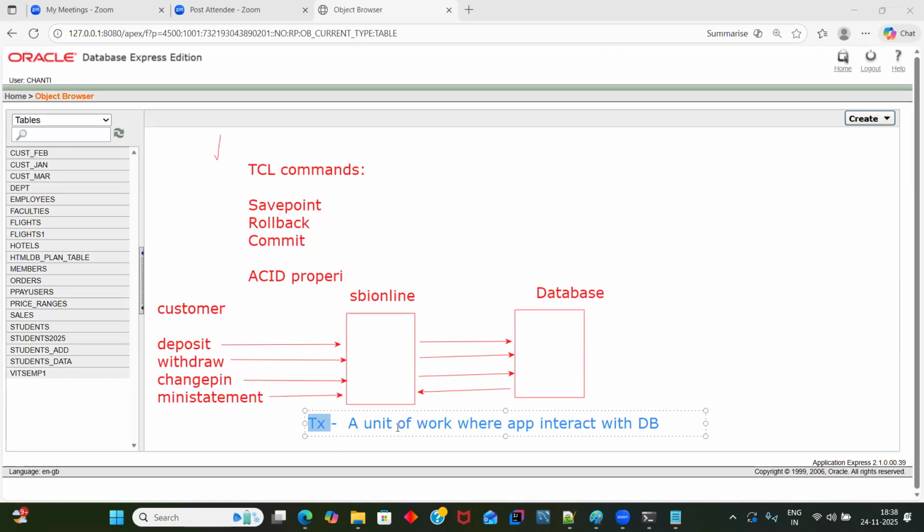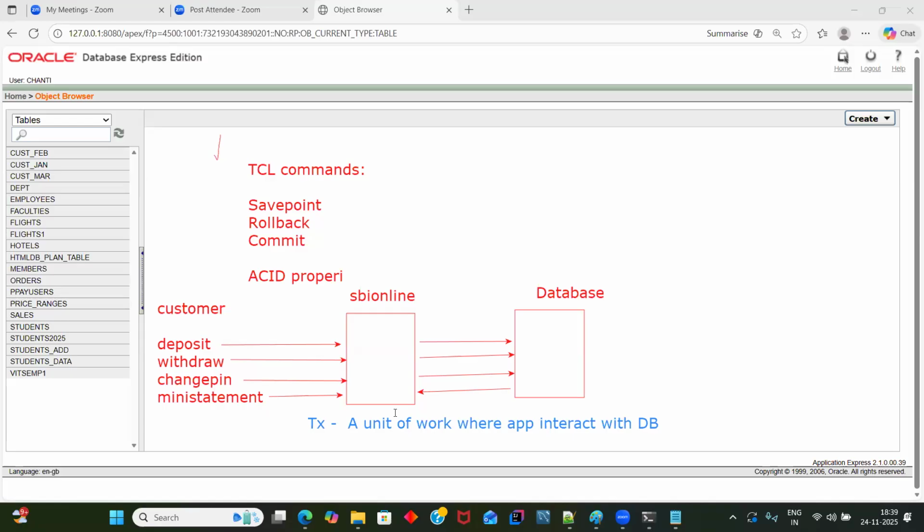A transaction refers to a unit of work where your application interacts with the DB. It could be a deposit, a withdraw, a change pin, or a mini statement. Even a simple operation like login you can consider, because login also talks to the DB, and registration as well. Whatever work you are doing with the DB, we call that a transaction.